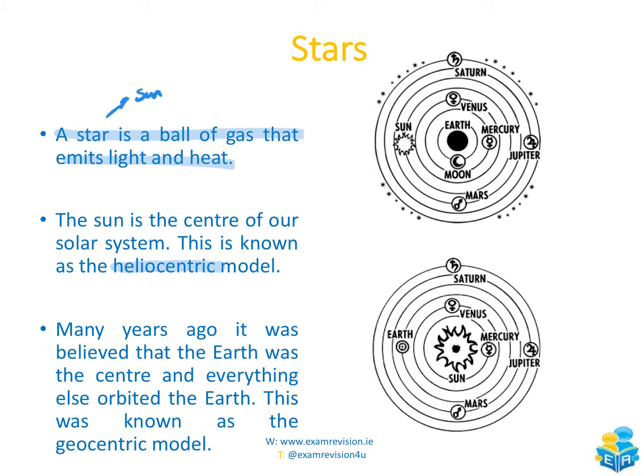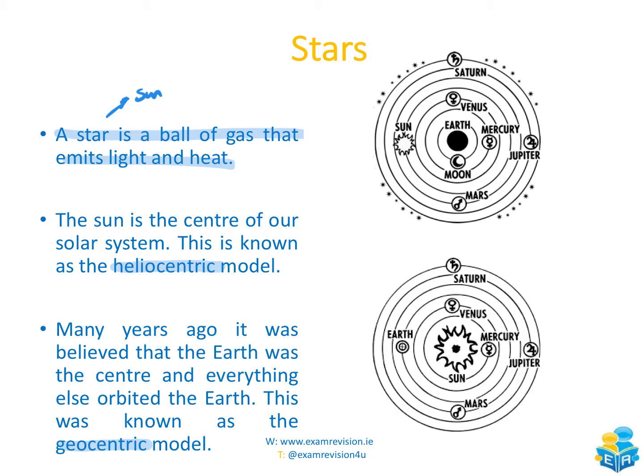But that hasn't always been the case. Many years ago, it was believed that the Earth was the center and that everything else orbited the Earth. This was known as the geocentric model, okay? So geo meaning land at the center. So years and years ago, this model up here is what we believed it to be, okay? The Earth was at the center, everything else, including the moon and the sun, orbited around the Earth.